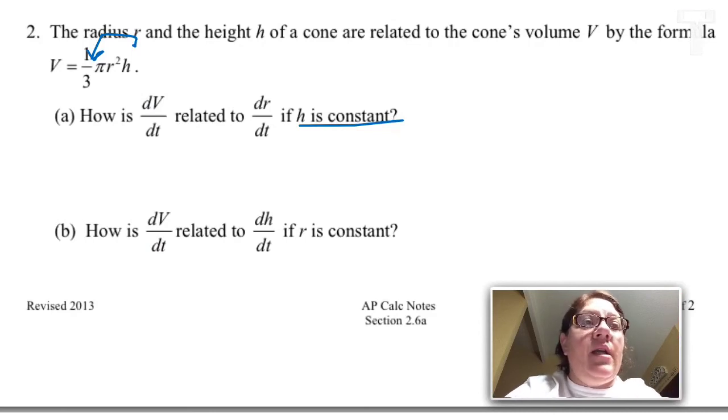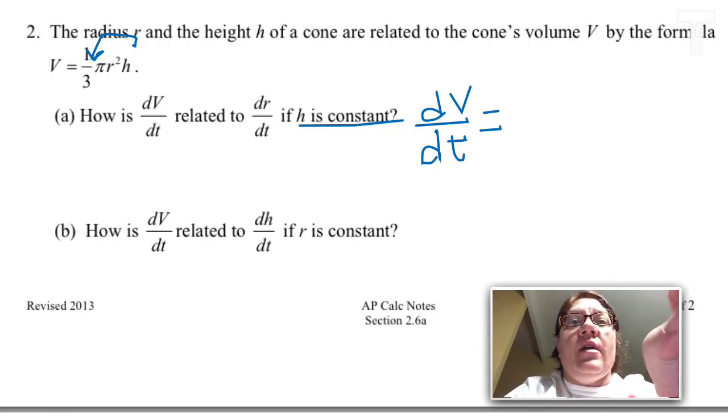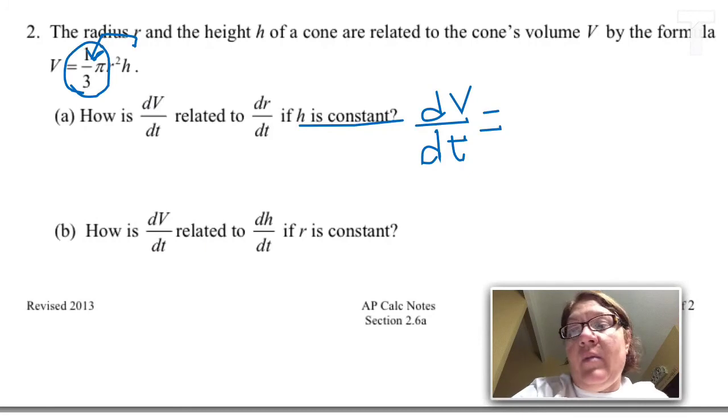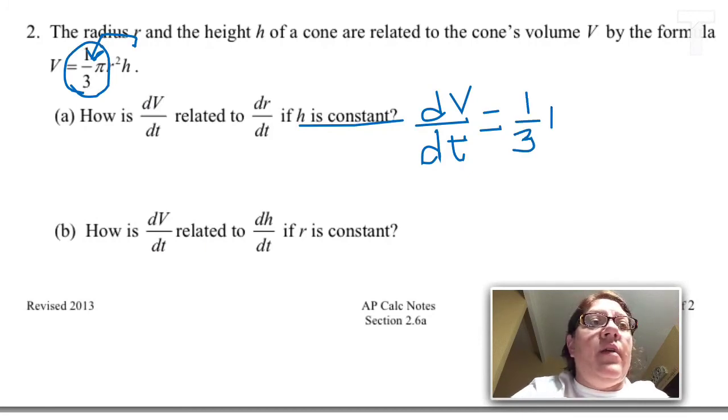So when I take the derivative, again, I'm doing this implicitly because it's with respect to t, and there is no t in here. That constant is going to act just like those other coefficients, and it's all going to be pulled to the front. So I'll have the 1/3 and the pi and the h.